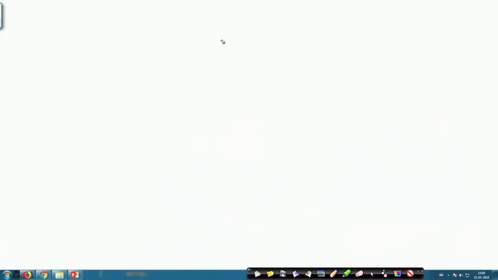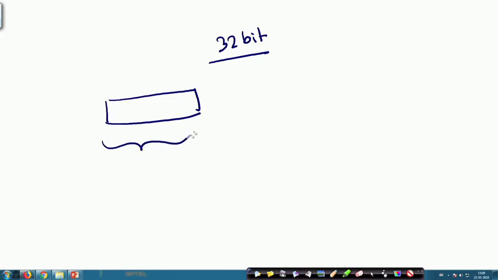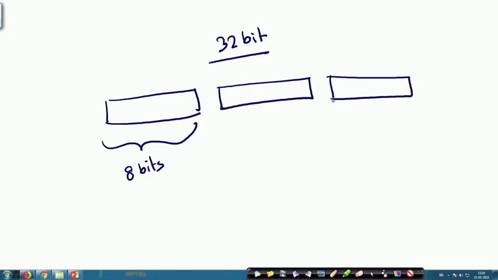What we do is divide this entire 32-bit IP address into 8-bit chunks. If we divide it into 8-bit chunks, we will have 4 different chunks of 8 bits. This is the first chunk, this is the second 8-bit chunk, this is the third, and this is the fourth 8-bit chunk.